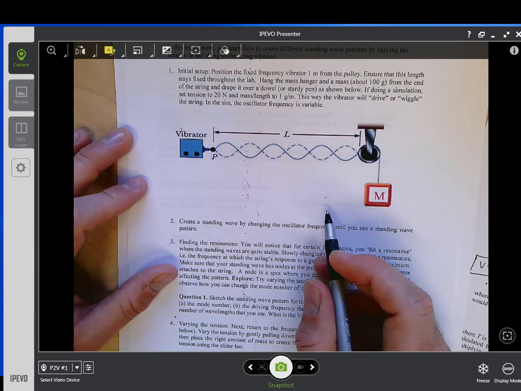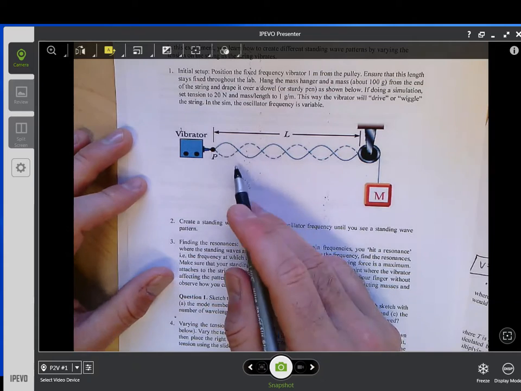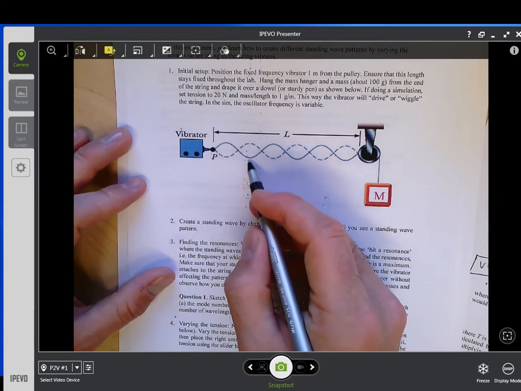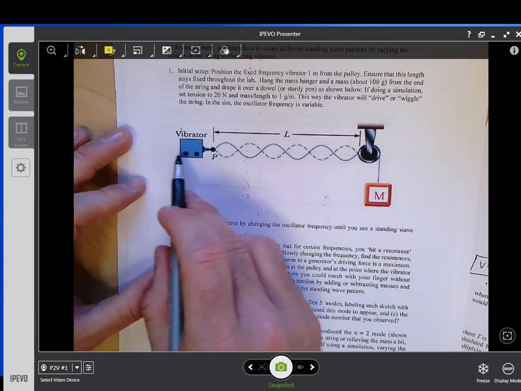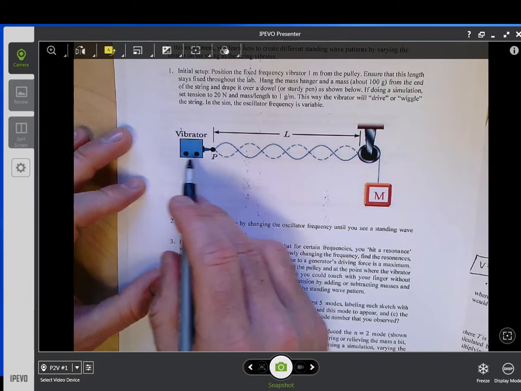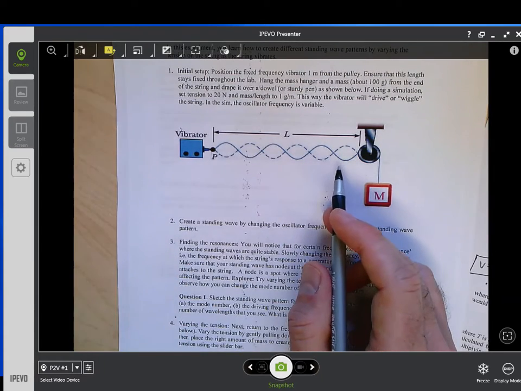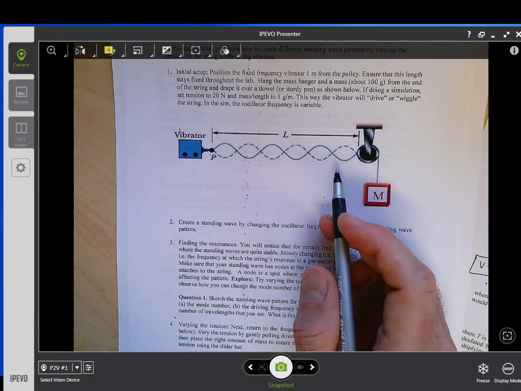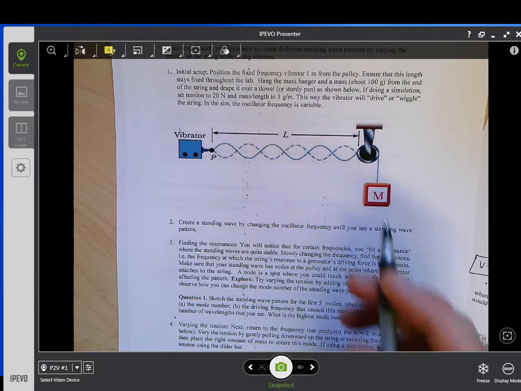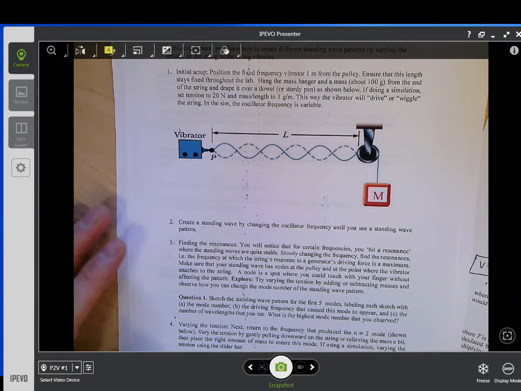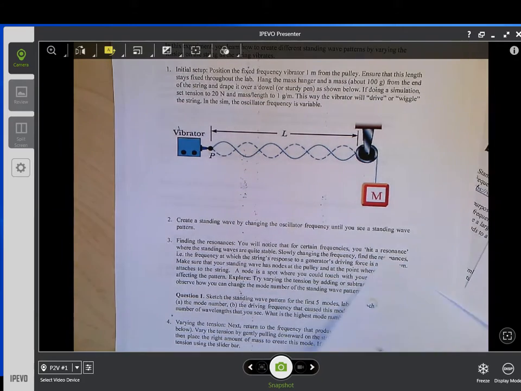And that means that it looks like the wave's not going anywhere, that there's just places that are moving up and down, but actually what's really happening is that there's waves that are traveling to the left, traveling to the right, and back and forth, and those are interfering with each other. In other words, waves just add. That's another fundamental principle that we have, is waves are just adding with each other. And we're exploring the different frequencies that create these different modes.